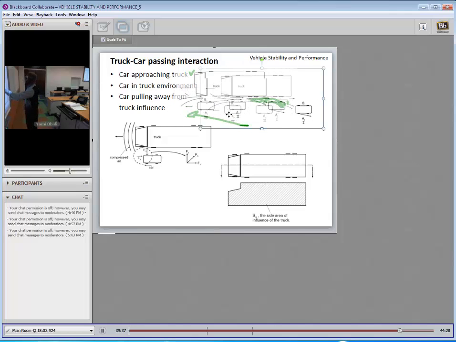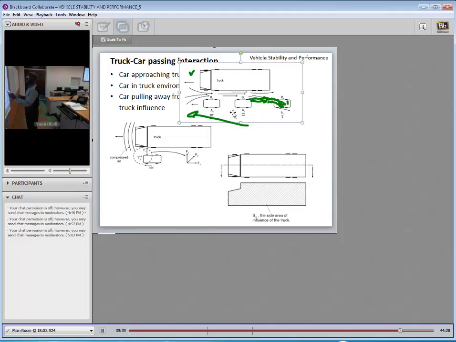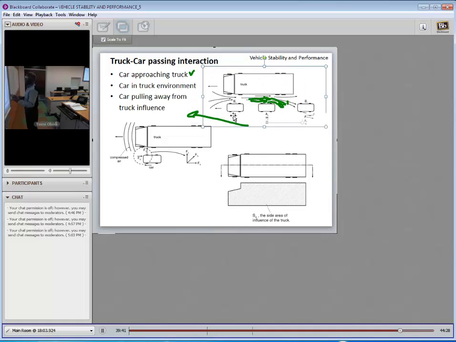So with that in mind, what happens is that the car, in an attempt to shoot out, gets here, and it wants to move out of the truck environment.